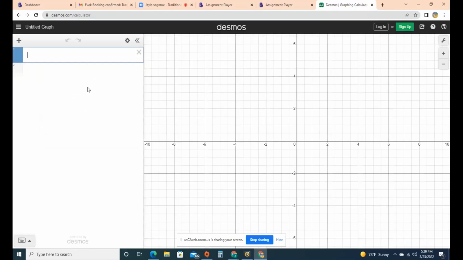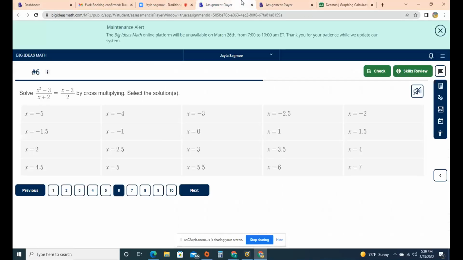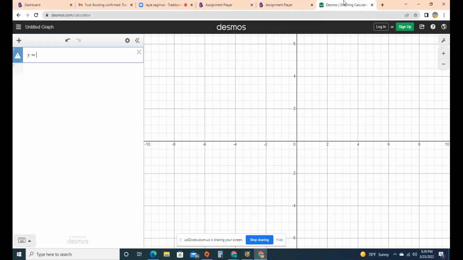Type y equals, and go back to your assignment. You want to put the left side of the equation into y1. So it's going to be x squared minus 3 over x plus 2. You want to do that slash first, or you can do that later.